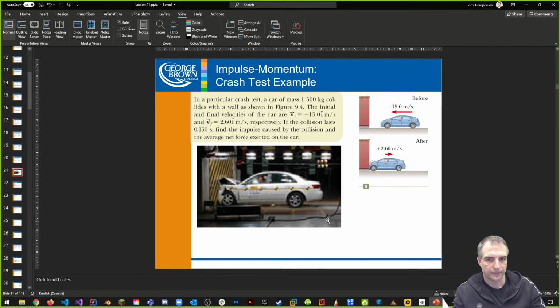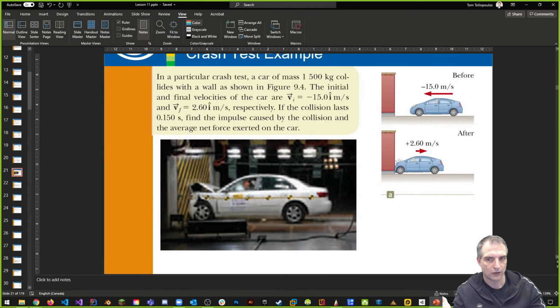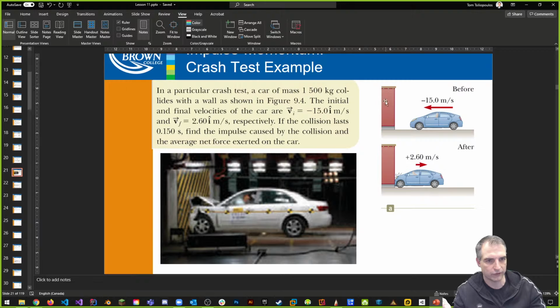Here's an example. In a particular crash test, a car of mass 1,500 kilograms collides with the wall as shown in figure 9.4. The initial and final velocities of the car are v initial equals negative 15 meters per second along the x-axis, on one component only, and v final equals 2.6 meters per second along the x-axis in the positive direction.